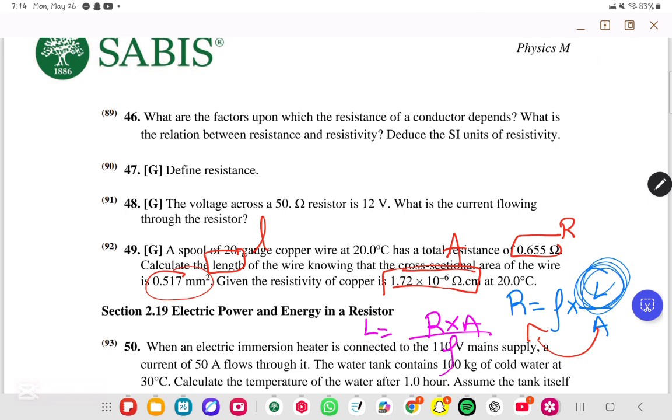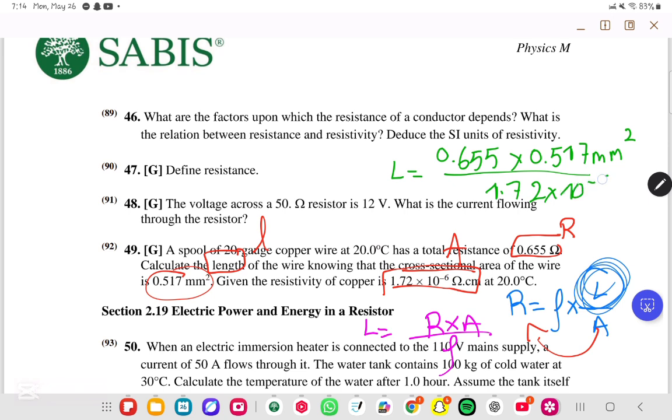Now all we have to do is substitute. So length is equal to the resistance, which is 0.655, times the cross-sectional area, which is 0.517 millimeter squared, over the resistivity, 1.72 times 10 to the power of minus 6. But before we proceed, there is a mistake. This is in ohm times centimeter.